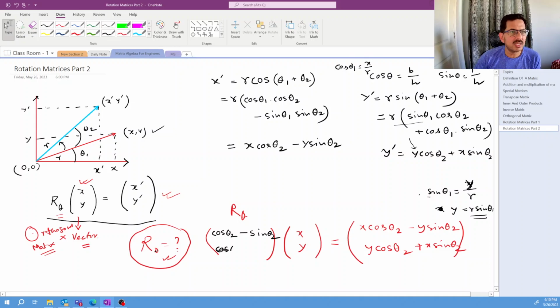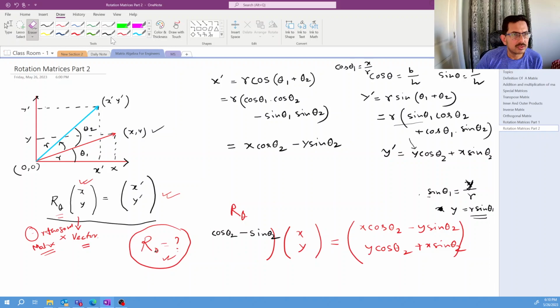Oops, sorry, I made a mistake. Let me just use the red color for the bracket, and I'll use this one.